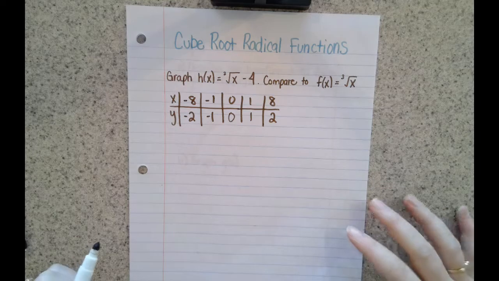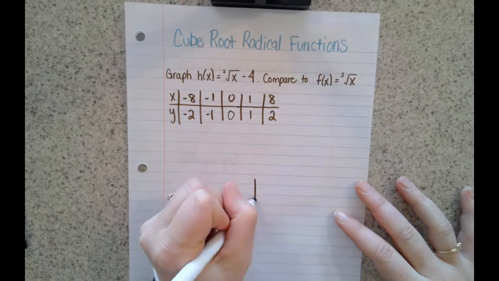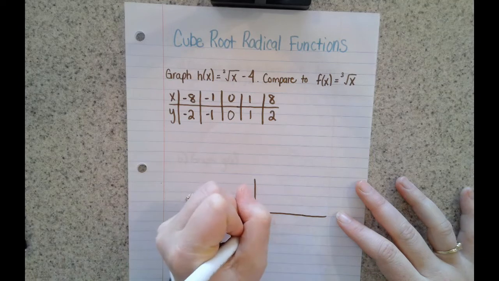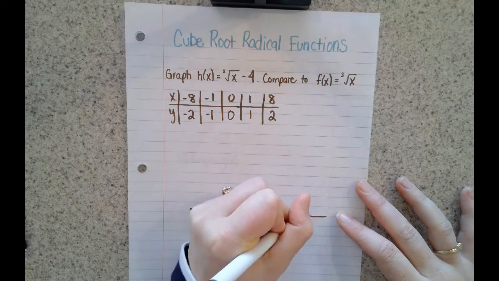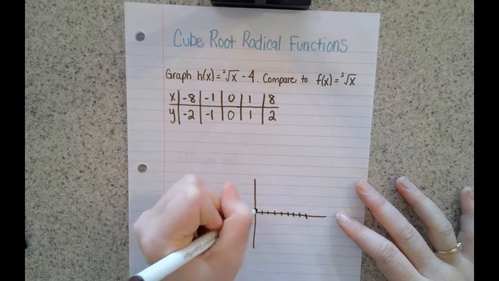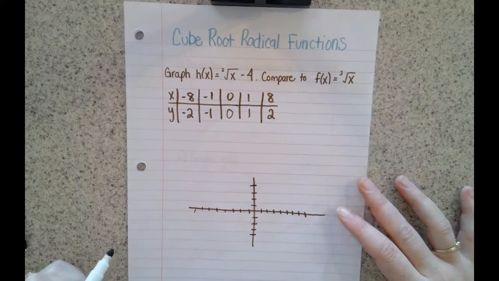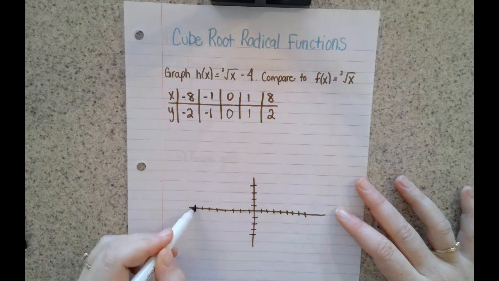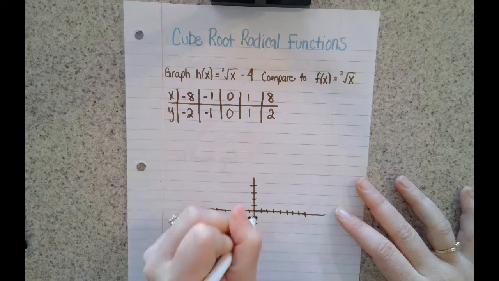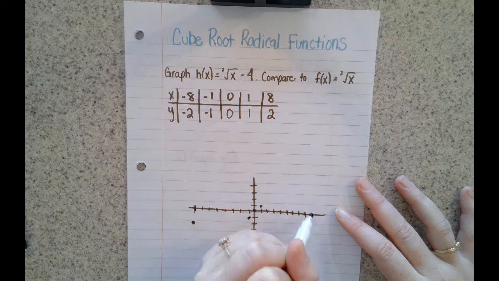So I can go ahead and graph these points. I've got negative 8, negative 2 down here, negative 1, negative 1, 0, 0, positive 1, 1, and positive 8, 2.